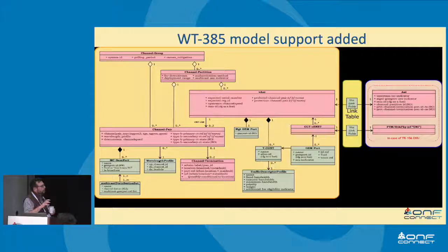So this had embedded itself into the VOLTHA core, and a decision was made that we'd like to remove this and come up with a model where we didn't have to add very technology-specific things into the common code.